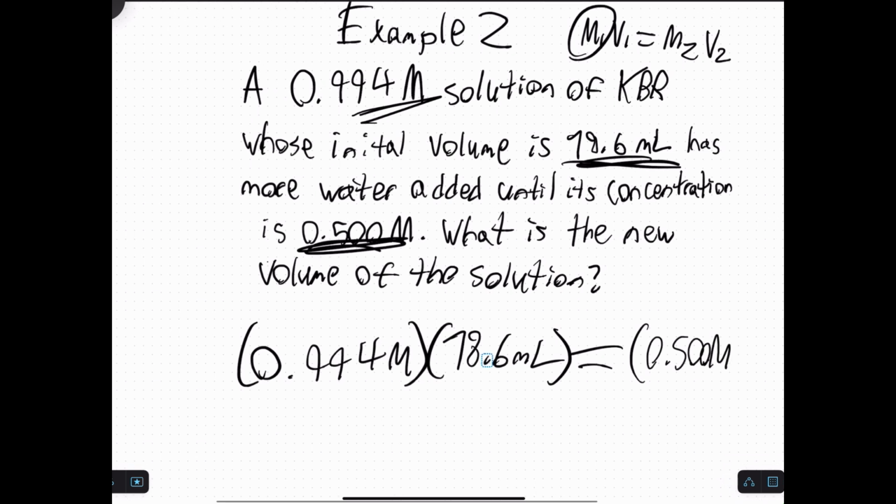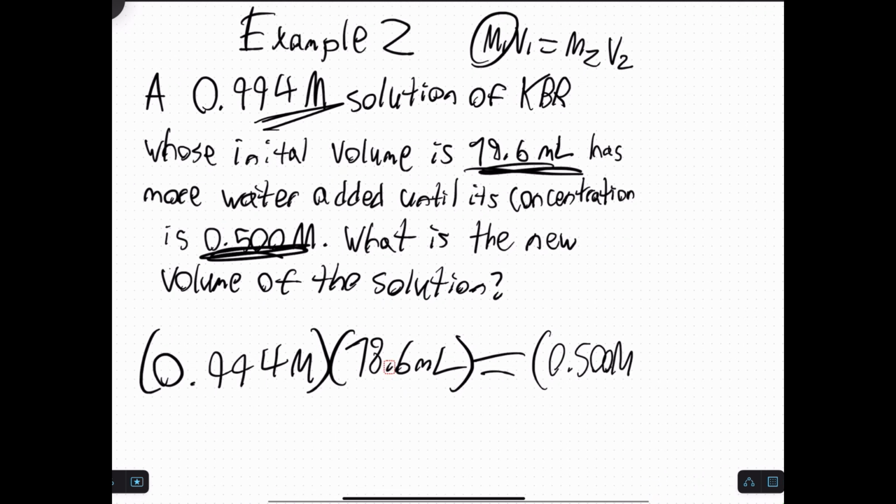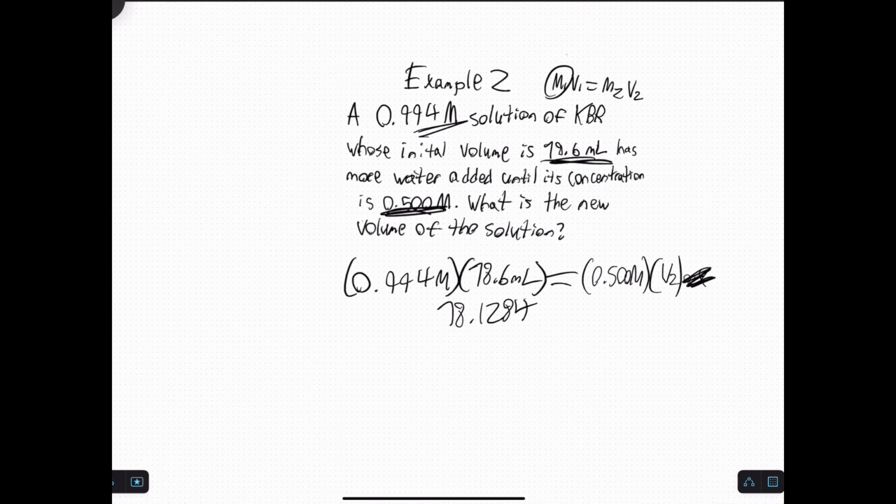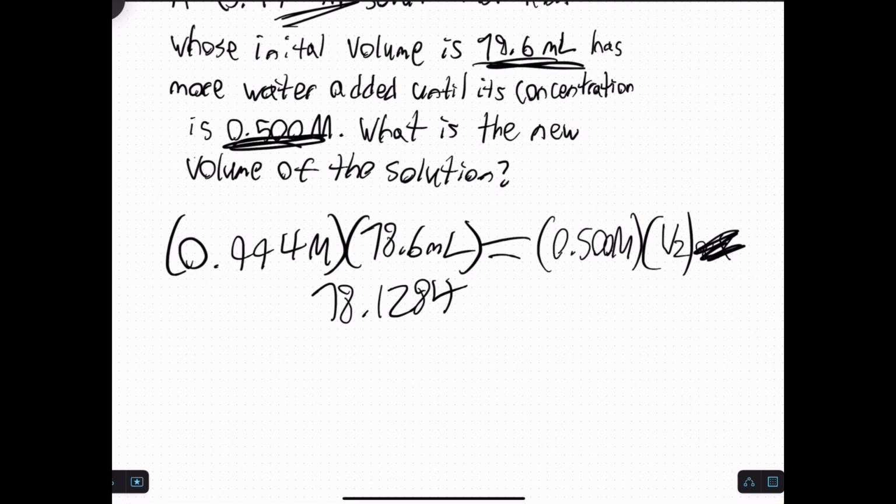What is the new volume of the solution? So this is our V2, or our x, but we'll just consider it V2 for this. What we want to do is multiply these two together, and we want to divide this by our 0.500.